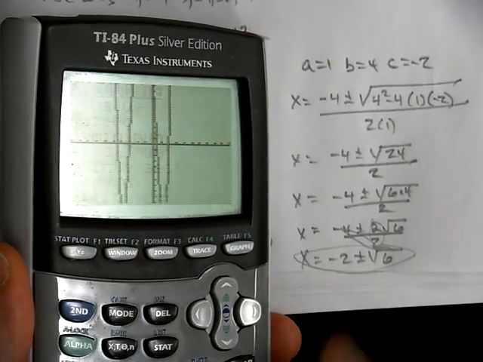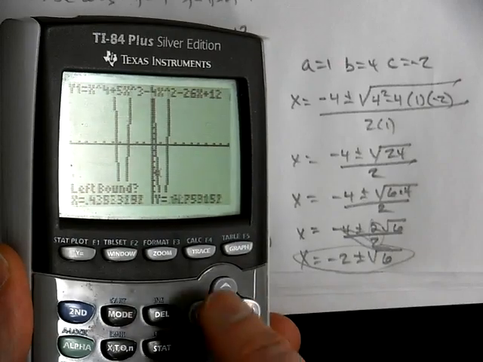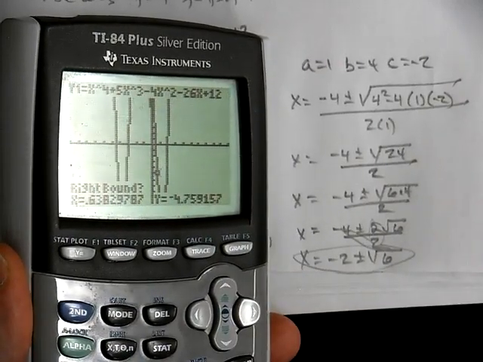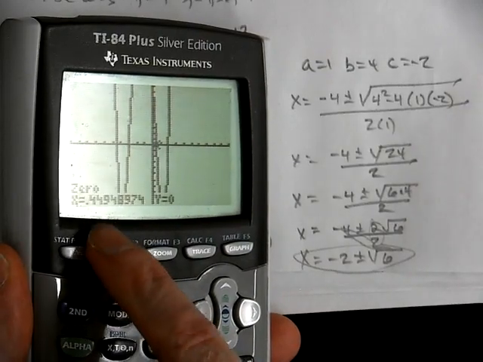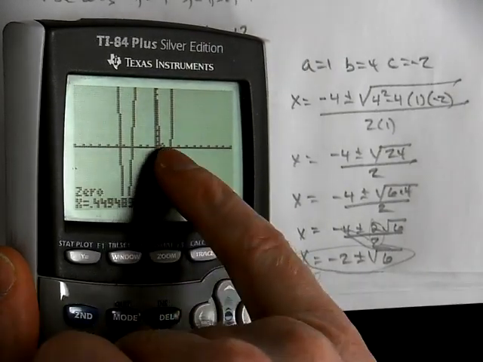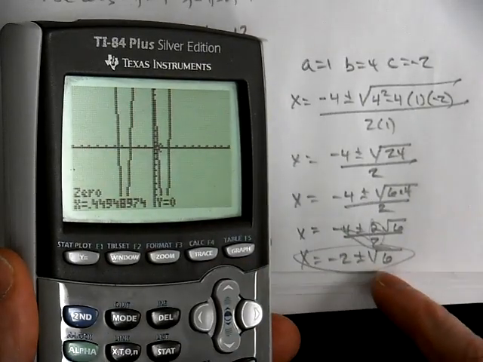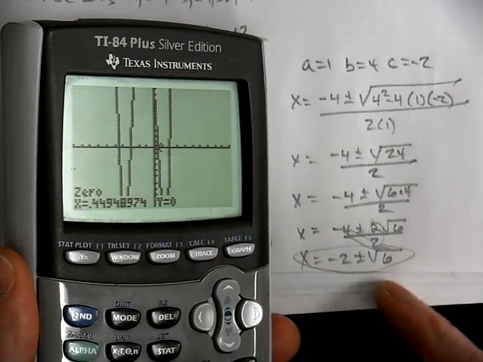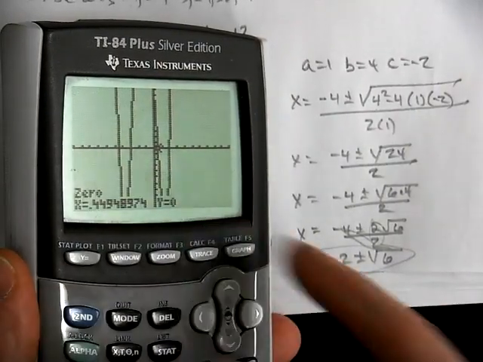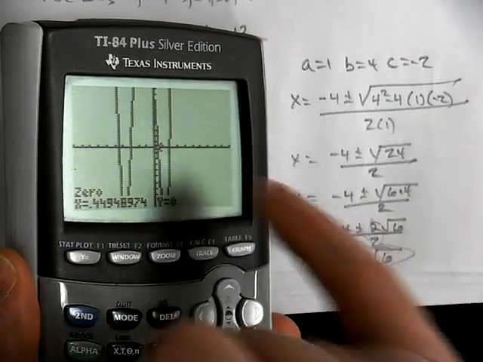Second trace, go to the 0, get close to it. 0.4494. So it'll give you all those answers. This is the exact answer. This is the better answer. We're not using our calculator to get the answer, but I'm just testing to see if my answer was accurate.